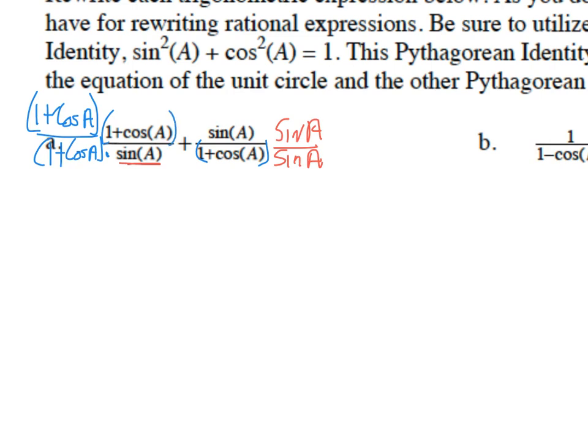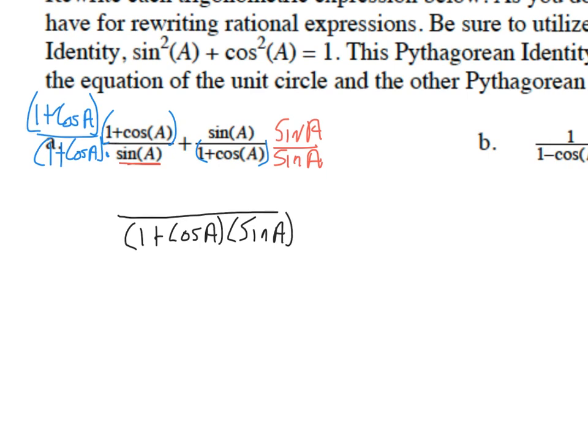So my denominator now has two factors. The denominator has 1 plus cosine a times the sine of a.